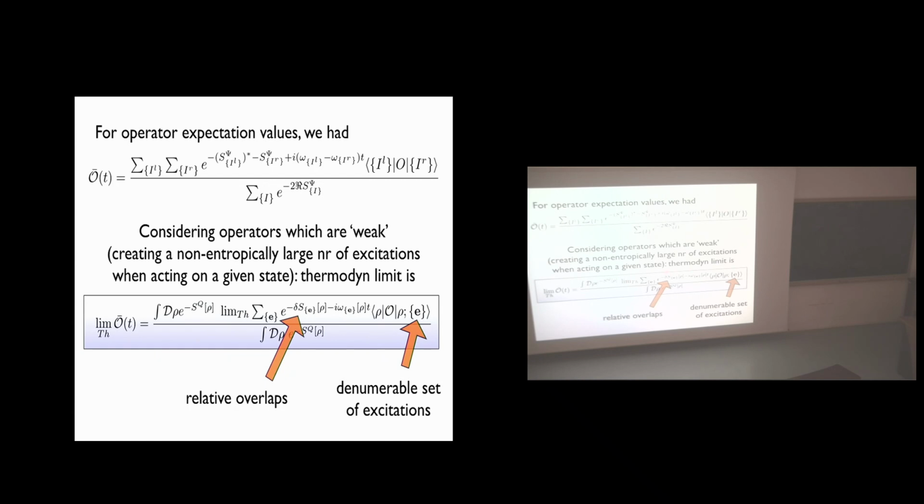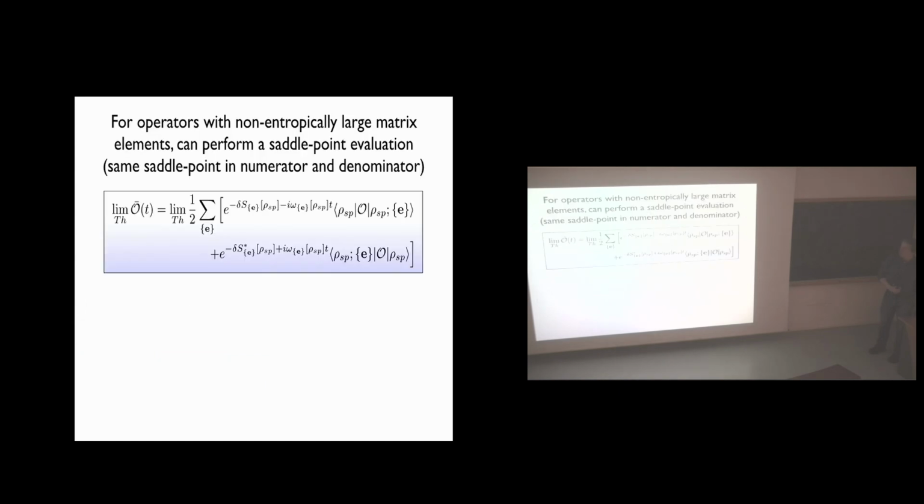The overlaps also of these bras and kets are similar thermodynamically with little order one corrections associated to them. And again, you can verify that for the overlaps that you have. And if that's the case, it means that the saddle point evaluation of the numerator occurs at the same point as the saddle point evaluation of the denominator. And therefore, they cancel against each other.